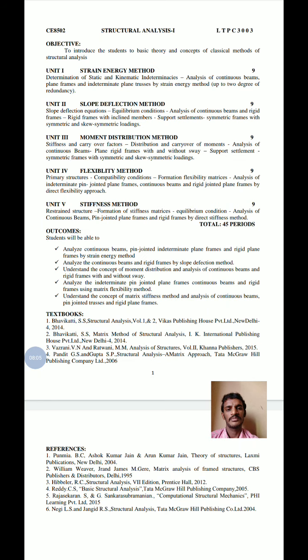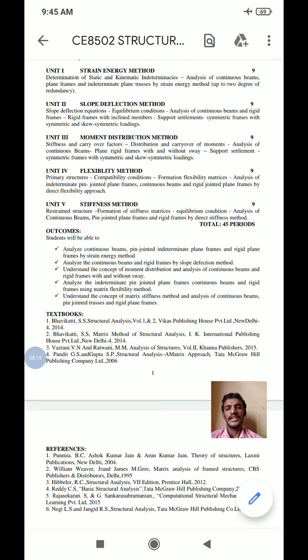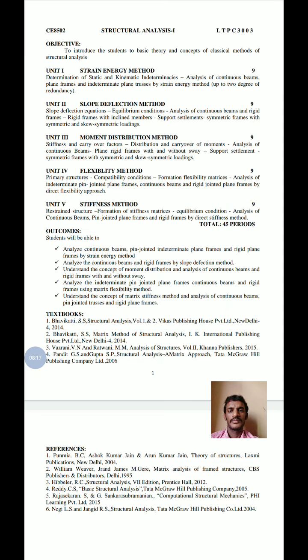Therefore, it is called the displacement method. In this method, equilibrium conditions are used, therefore it is also called the equilibrium method. In this method also, we will analyze continuous beams and framed structures for calculation of the bending moment diagram and shear force diagram.